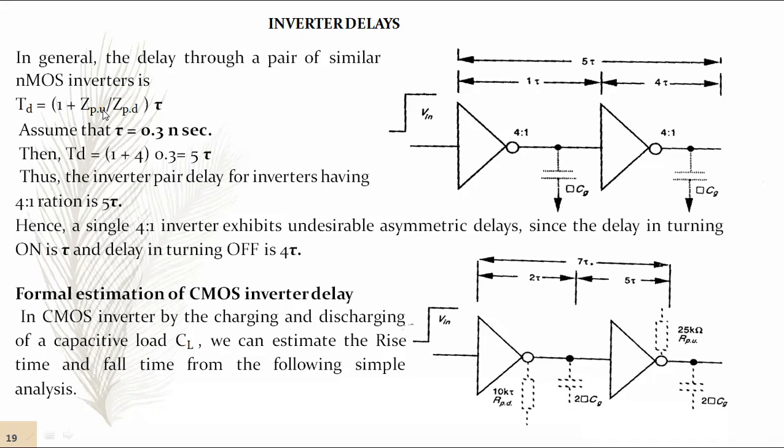Depletion mode device is 4 times the enhancement mode device. That is the meaning: 4:1 is 4, 1 plus 4 equals 5.